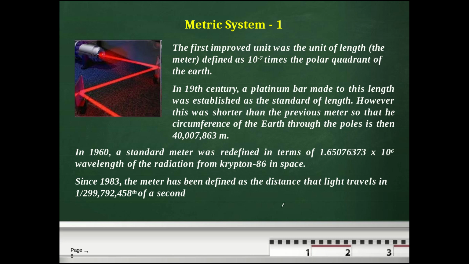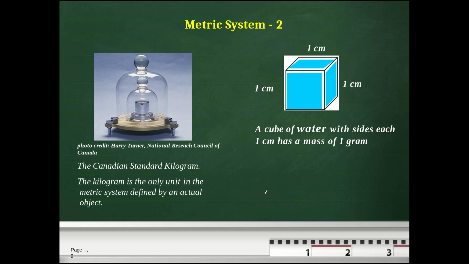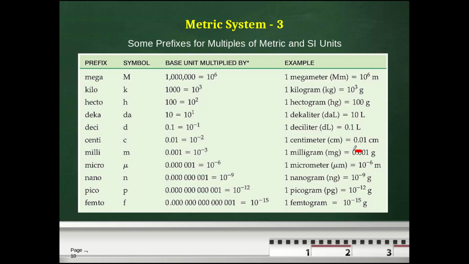They redefined it later as the distance that light travels in 1 over this number of a second. So any value around us, they define it according to something. For example, here 1 centimeter, 1 centimeter, 1 centimeter, a cube, is the definition of 1 gram. So they define everything around us according to a standard.